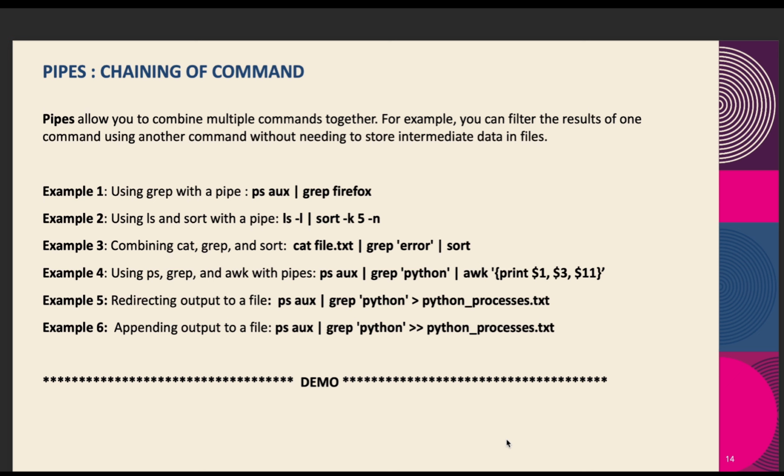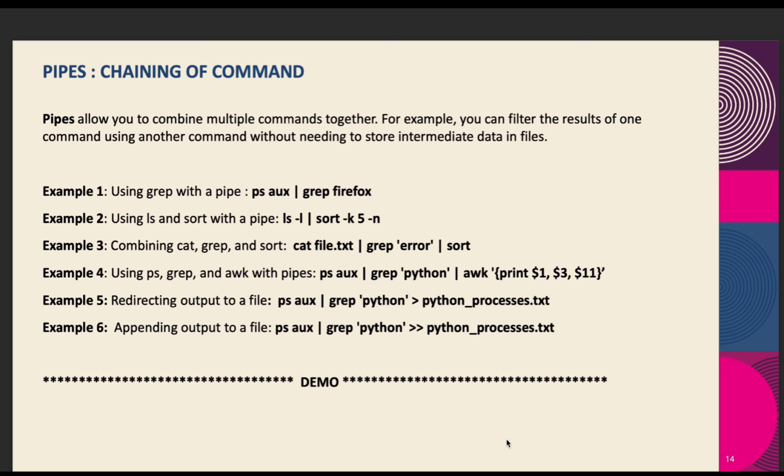Now with a single arrow, > python_process.txt, that will redirect the output to a file called python_process.txt. So it will create a new file because we have a single arrow.